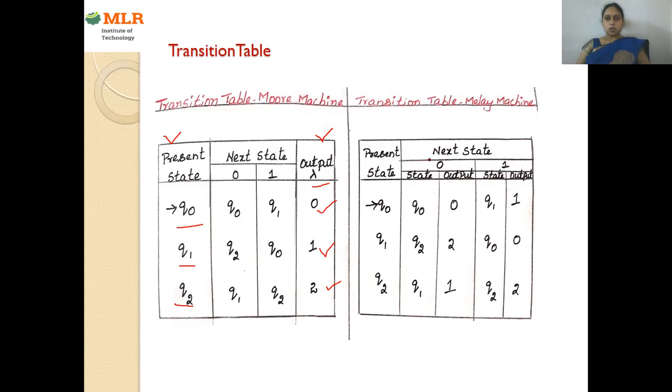In the Mealy machine, based on the input symbol, on the transitions the output is going to be different, right? For Q0 on 0, it is moving to Q0 state, and then it will have the output 0. Q0 on 1, it is going to state Q1 and the output is 1. That's why we are going to represent them separately. In that way, we are going to represent for Q1 and Q2 also.